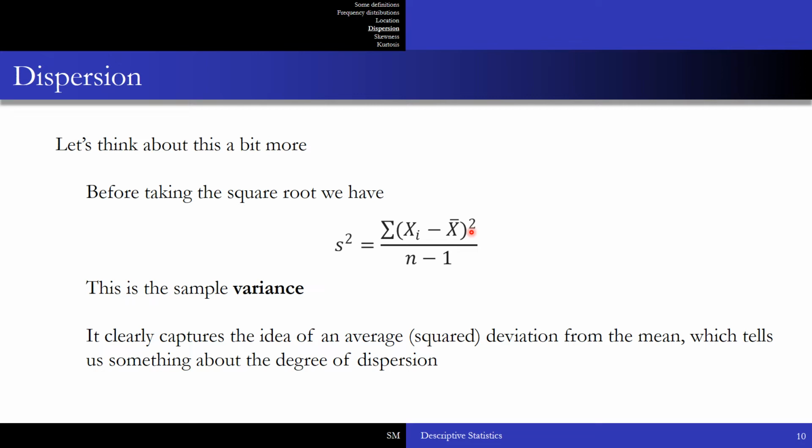We're squaring them, and then we're summing all of those squared deviations up. And then, because it's a sample, we're dividing by n-1. This clearly captures the idea of an average squared deviation from the mean, which tells us something about the degree of dispersion.